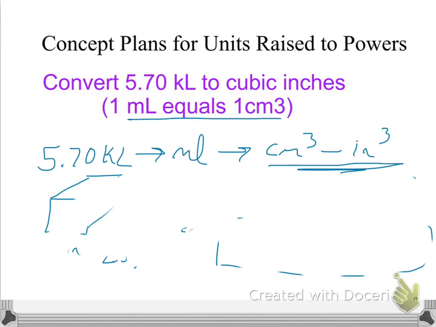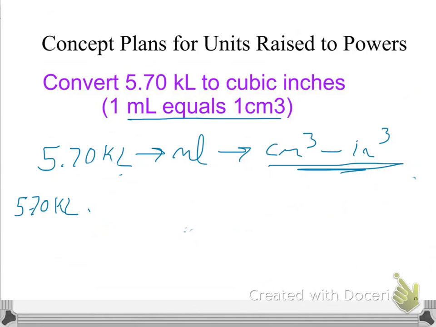Erase this real quick and we'll get to business. Alright, so 5.70 kiloliter. And then we know that there are 10 to the 6th milliliters for every 1 kiloliter.